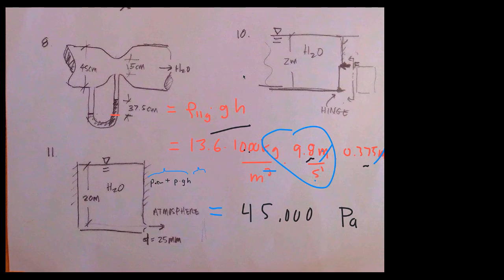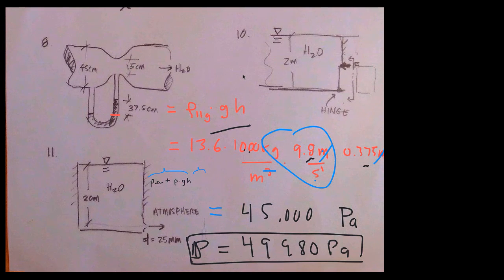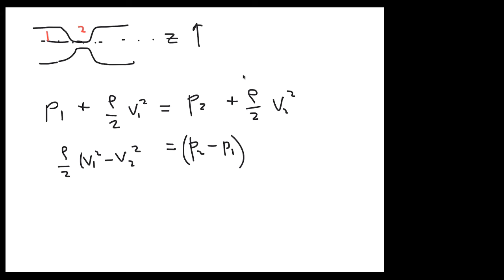So if we use a computer to do this, what do we get? Differential pressure here is equal to 4,980.